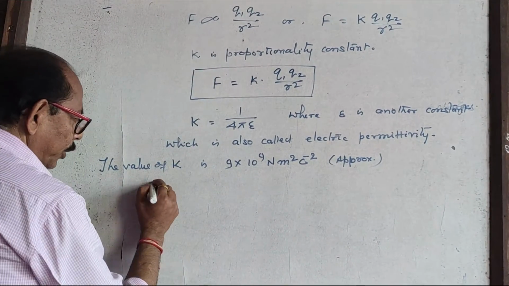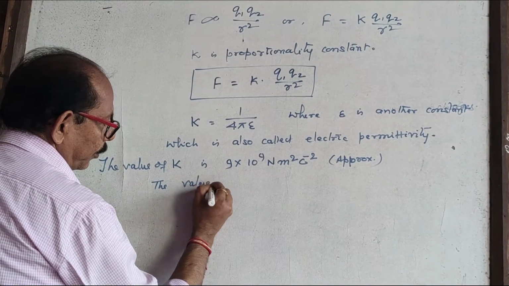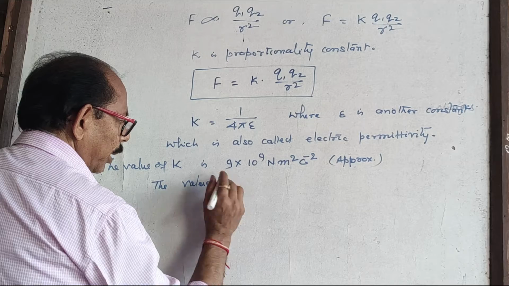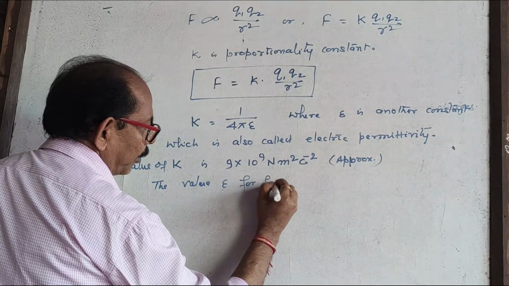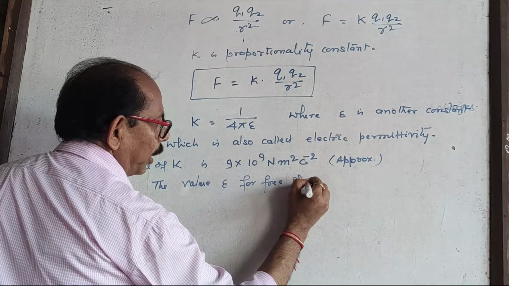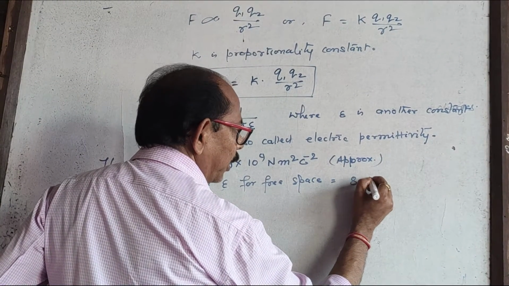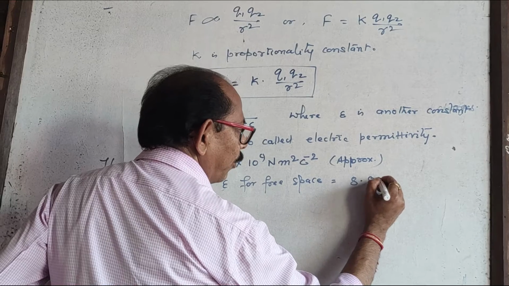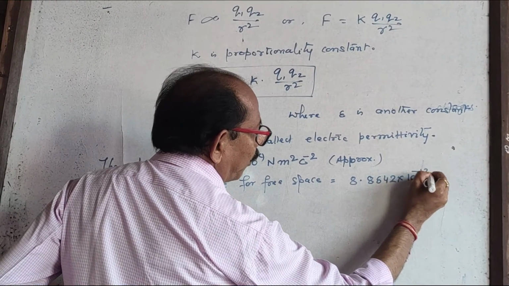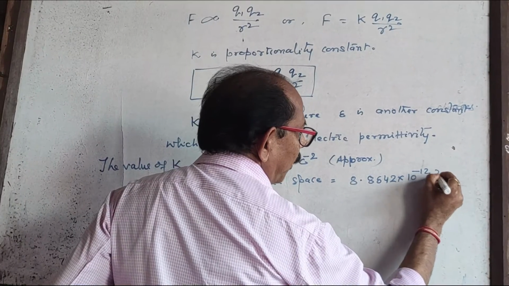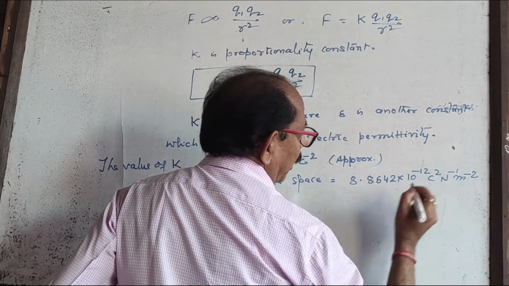The value of epsilon for free space is 8.8542 into 10 to the power minus 12 coulomb square per Newton meter square.